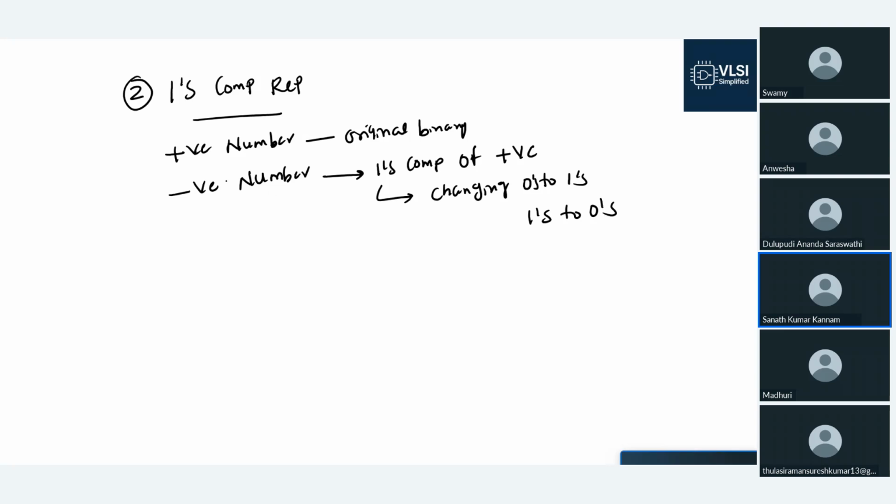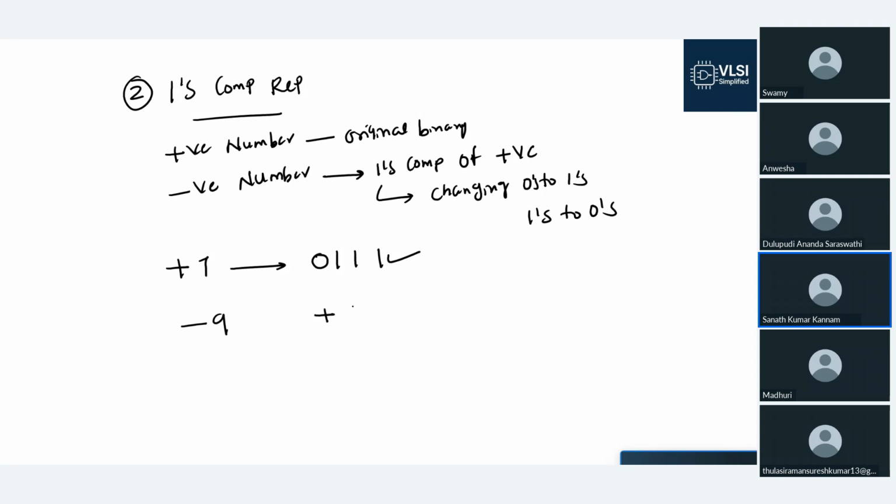Suppose plus 7 is there. How is it represented? Normally it is represented in binary form, that is 0111. And suppose you want to represent minus 9.